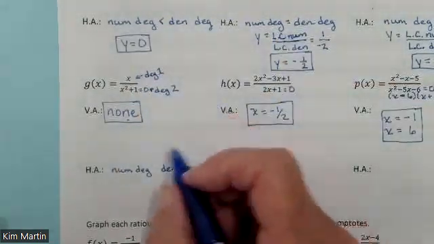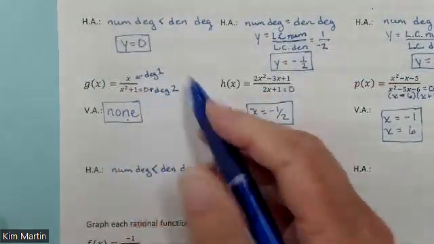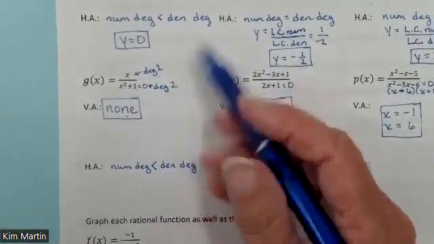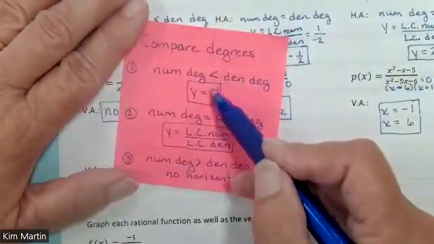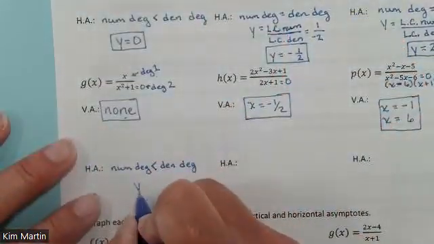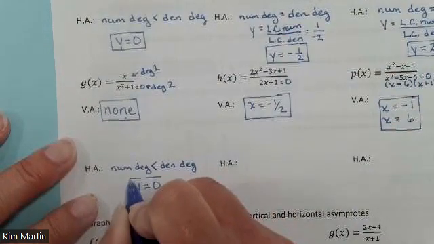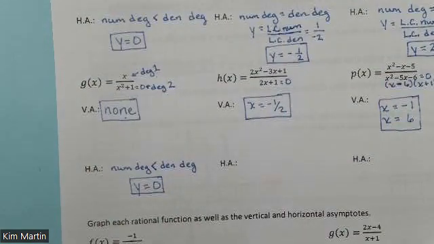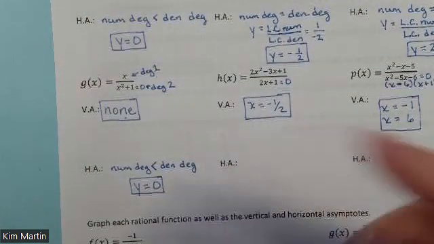So when that's the case, numerator degree is less than the denominator. You have a horizontal asymptote at y equals 0. This isn't hard. You just have to remember to compare your degrees and what to do when it's less than, equal to, or greater than.